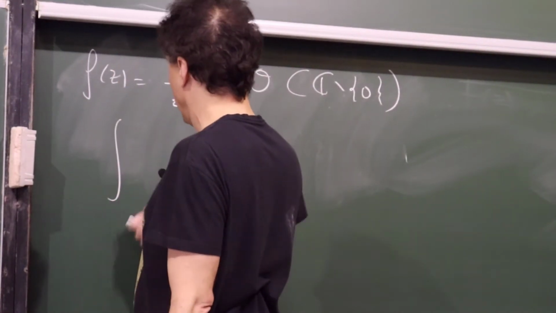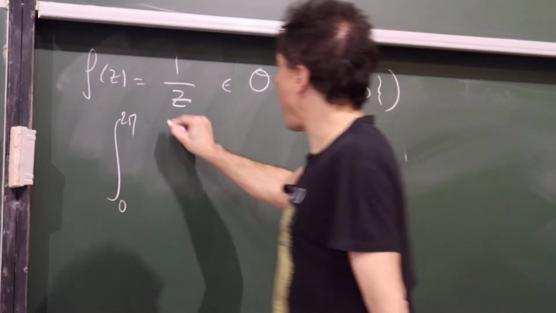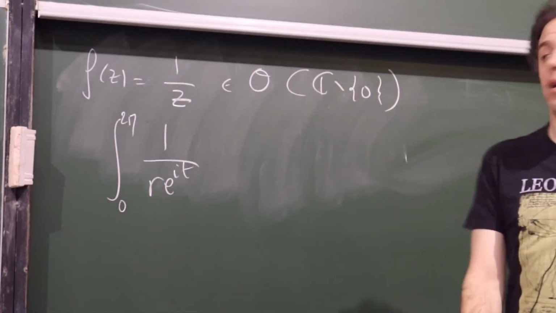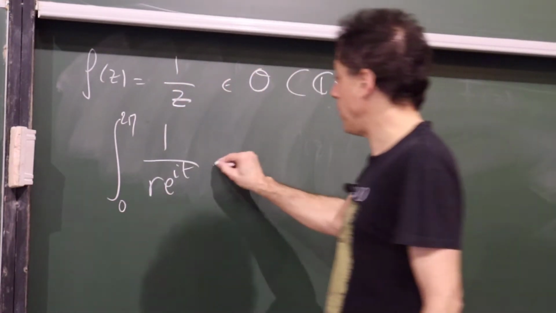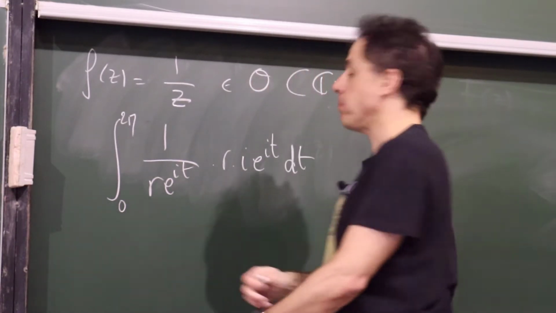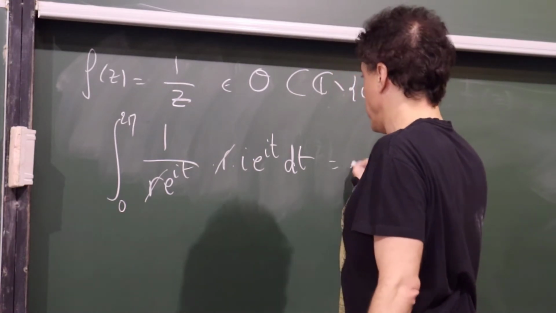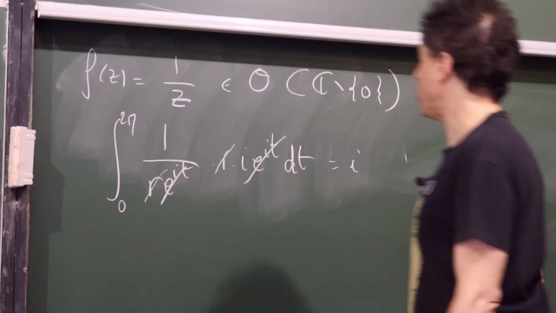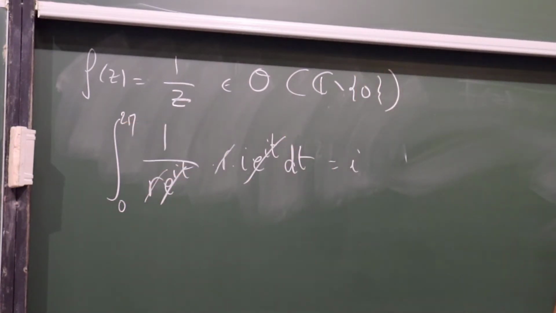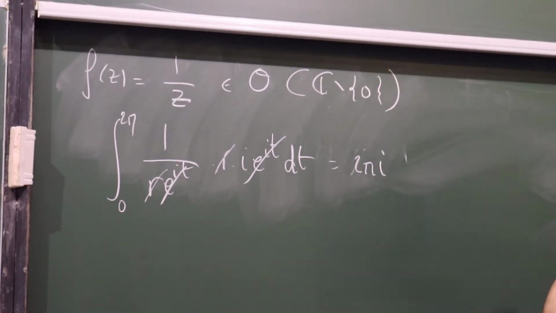The integral would be the integral from 0 to 2 pi of 1 over r e to the it times i r e to the it dt. And this is, well, you have i times the integral of 1 from 0 to 2 pi. So this integral is 2 pi i.